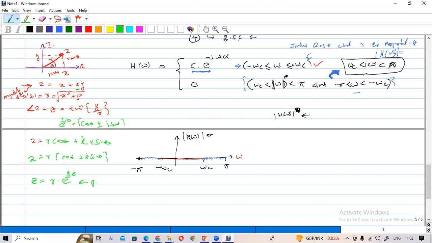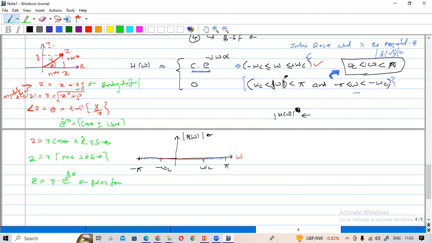This is what we call the polar representation, polar form. This one we represent as rectangular form, or it is called Cartesian form. And this can also be written as r theta, the magnitude and the phase.